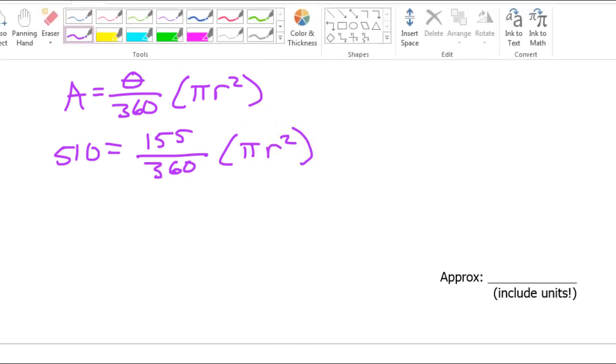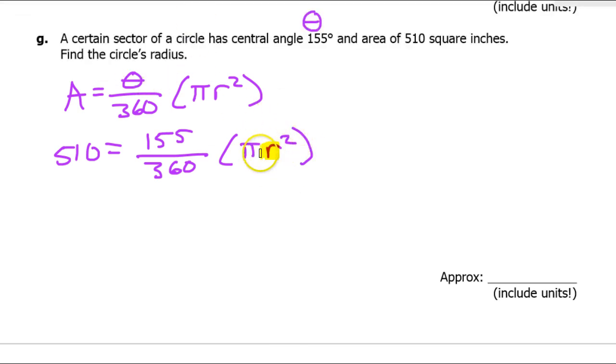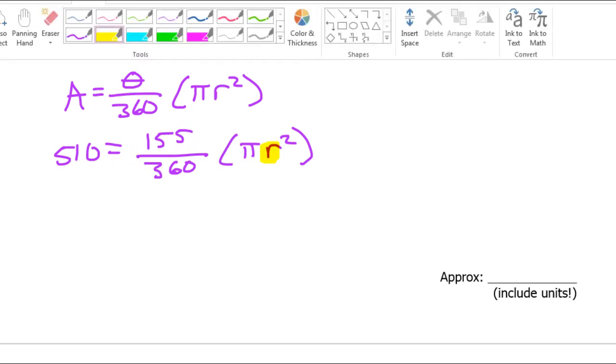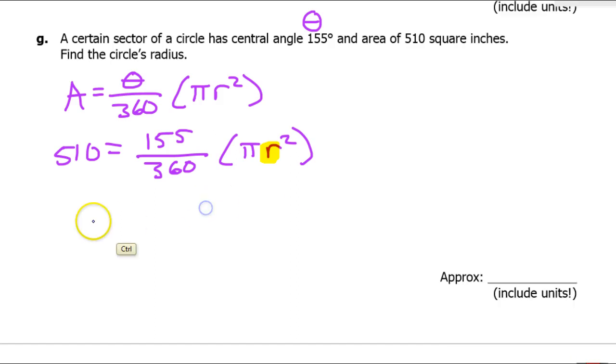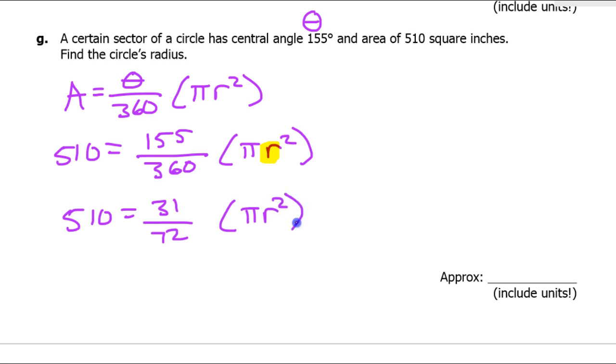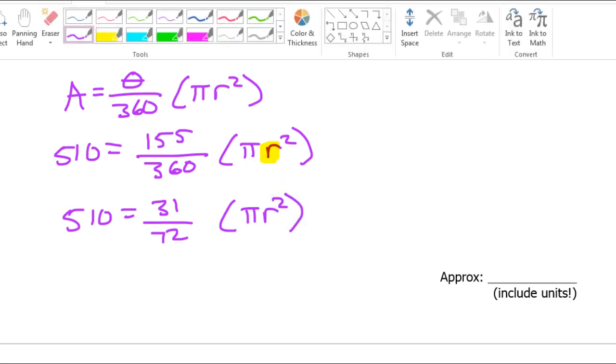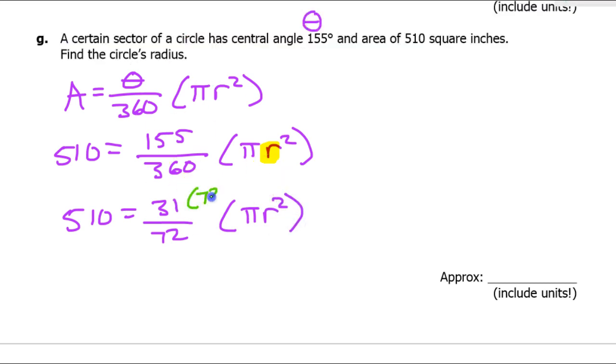We are looking for the radius. We are looking for r. I like to reduce this fraction as much as I can. So 155 over 360, that's 31 over 72. So now I've got 510 is equal to 31 over 72 times pi r squared. What I would do is multiply both sides by 72.